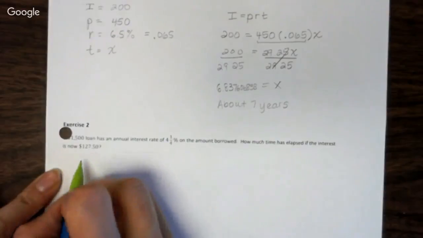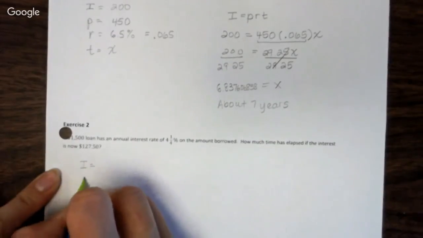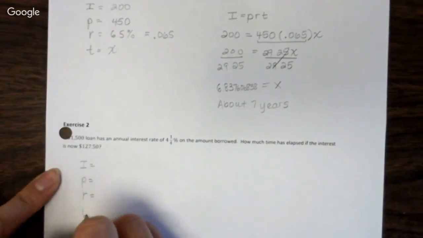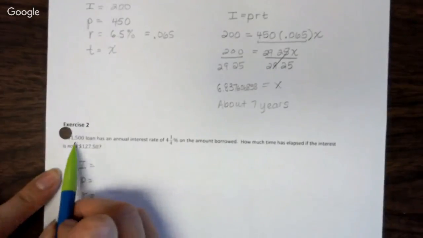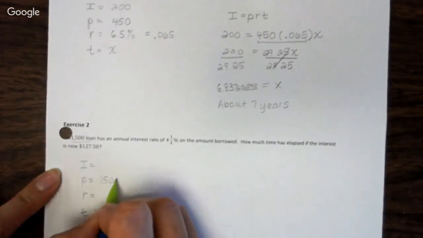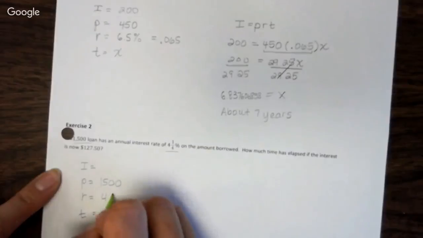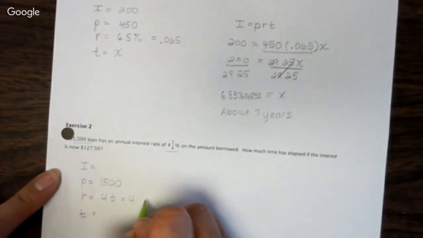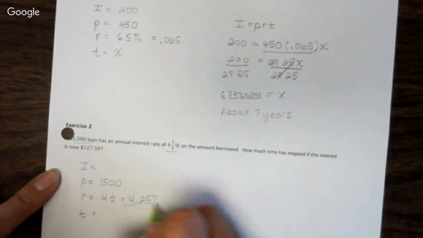All right, here is exercise 2. So we're going to do I equals, P equals, R equals, T equals. So it's a $1,500 loan. Interest rate is 4.25%. Remember, that's the same thing as 0.0425, so move it over twice.